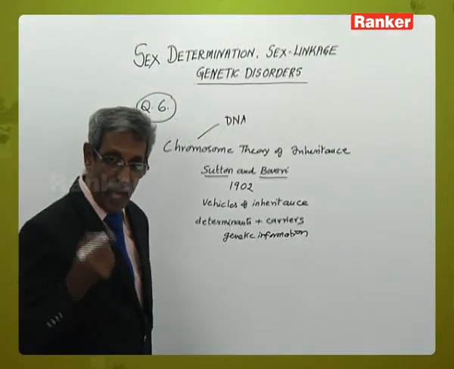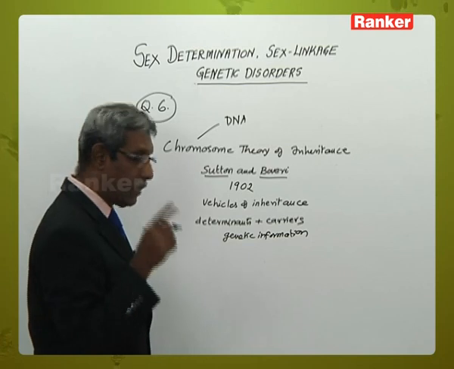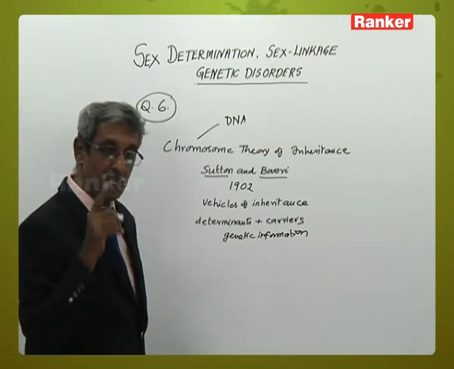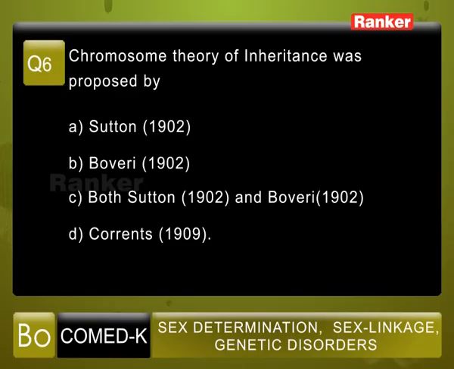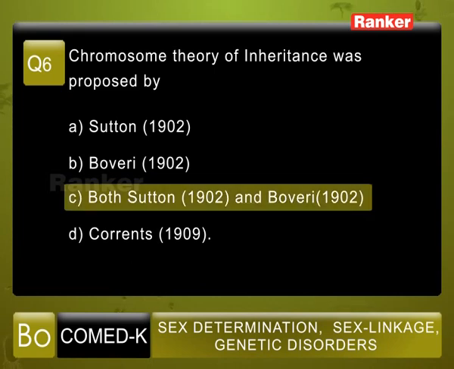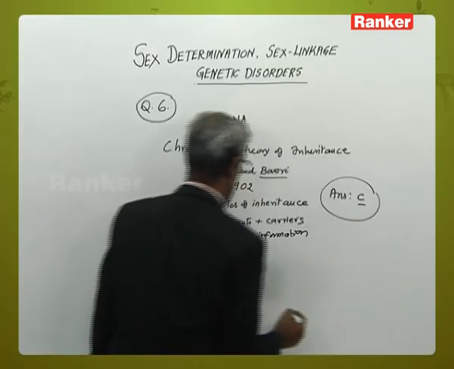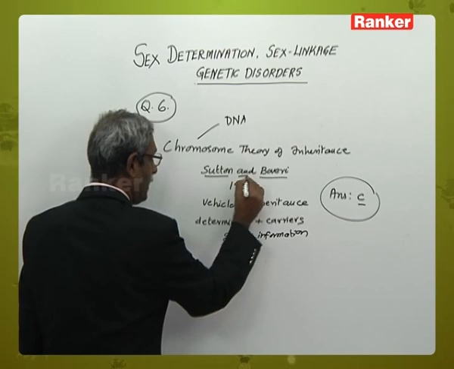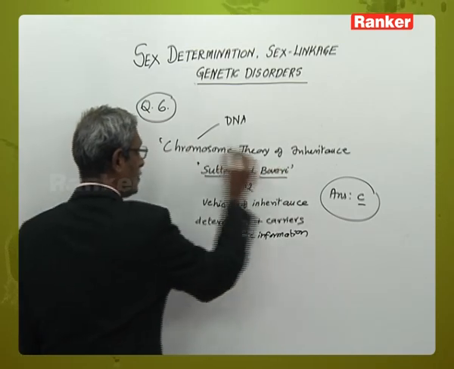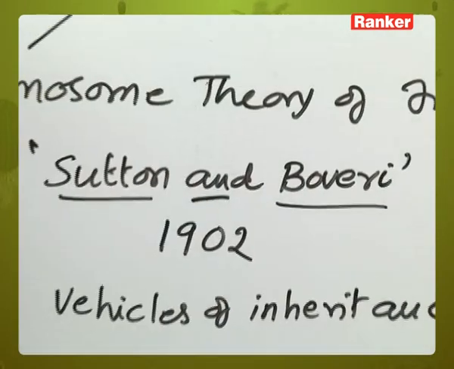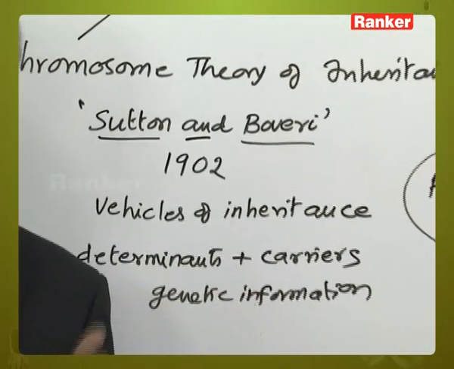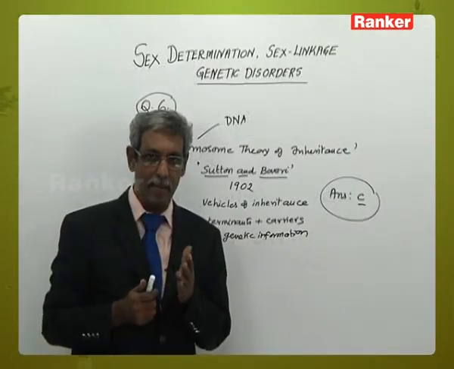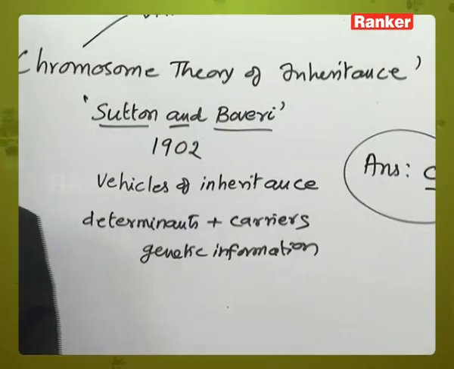Whereas when you take the last choice, Correns is associated with extra chromosomal inheritance. So the right answer is C. That is, both Sutton and Boveri are associated with the chromosome theory of inheritance. This comes under transmission genetics, as well as it's an example of a theory under classical genetics.